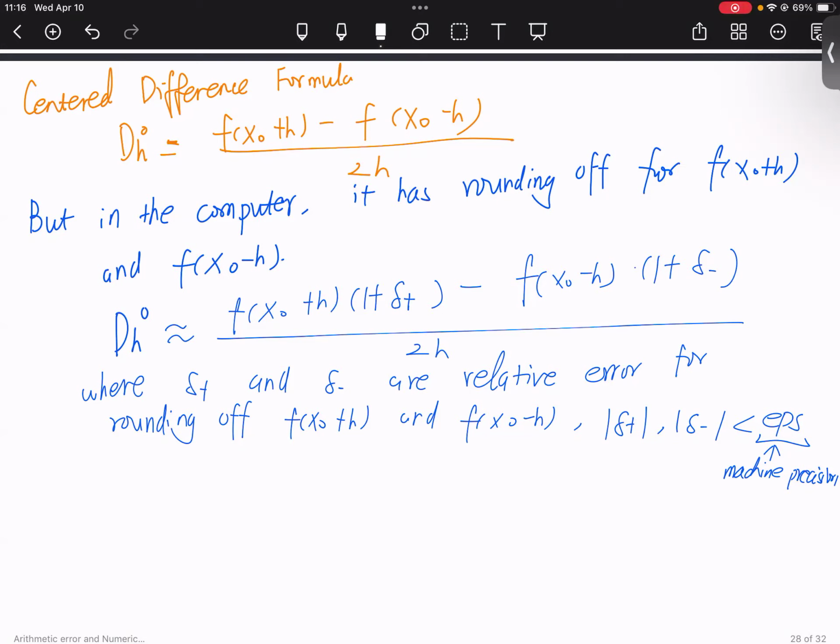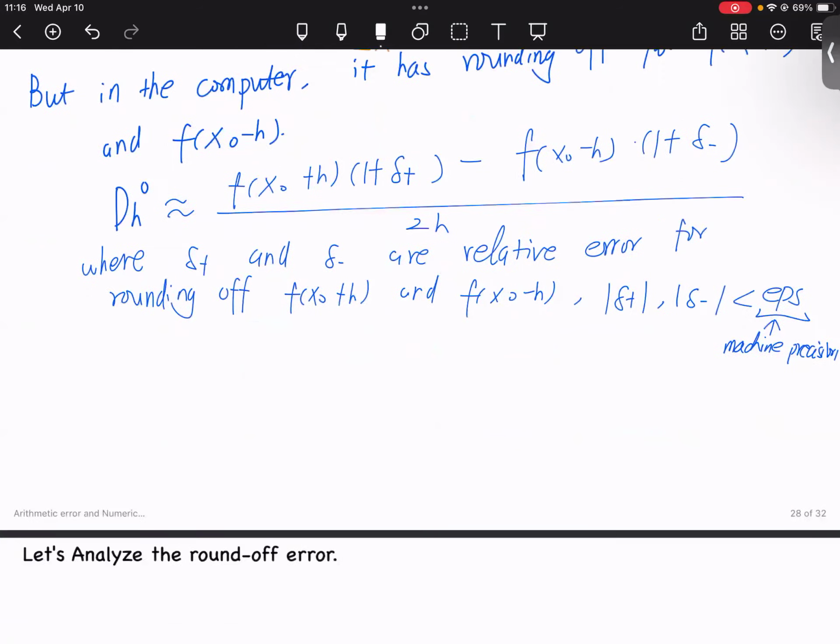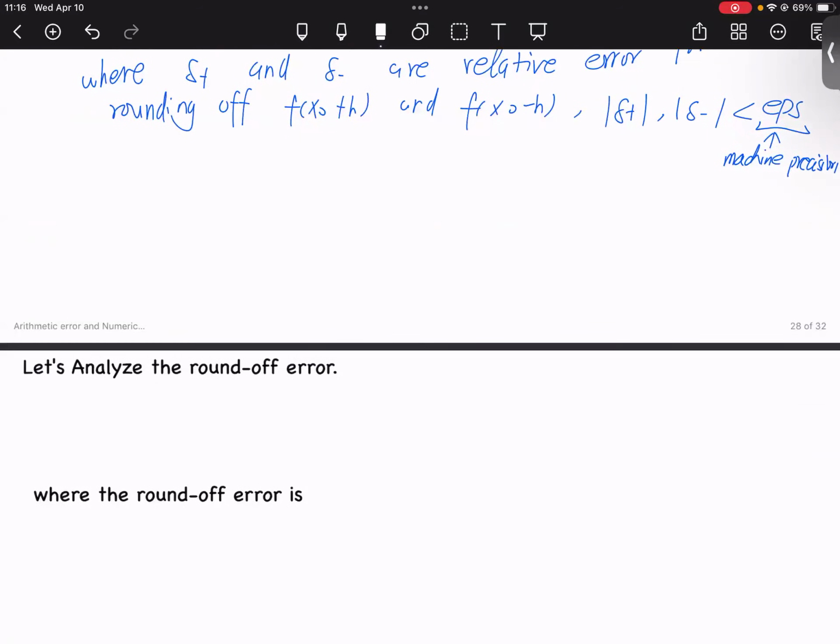This is just all the notation, and then we are going to get the total error. Let's analyze the rounding off error.